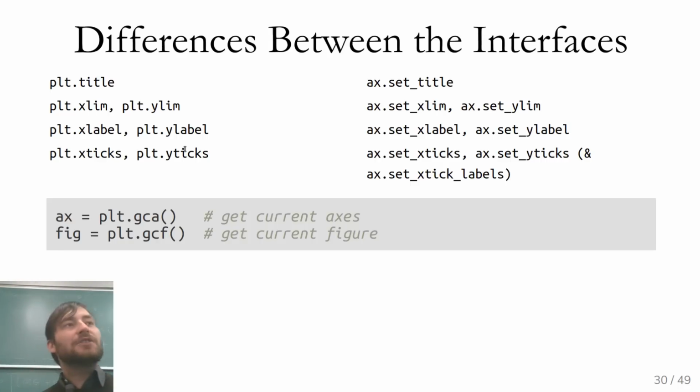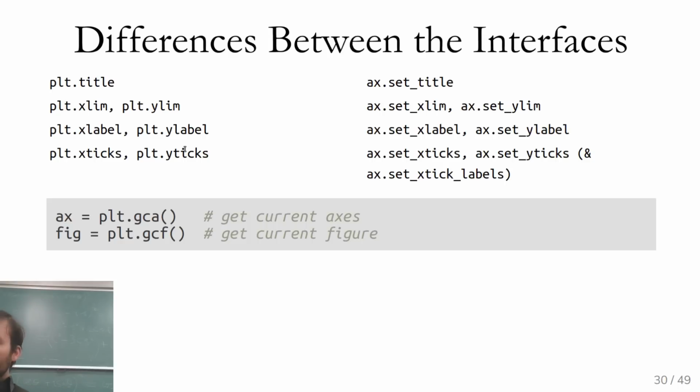Some things you can only do with the object-oriented interface. The object-oriented interface is maybe a little bit more verbose, but it's much more powerful. And so sometimes you created your plot with the MATLAB interface, but then you realize you want to change one very specific thing.